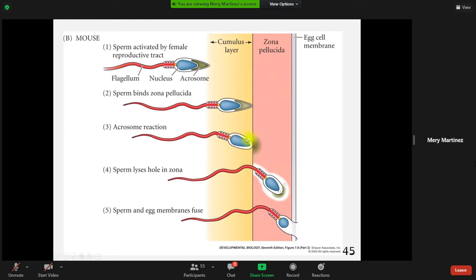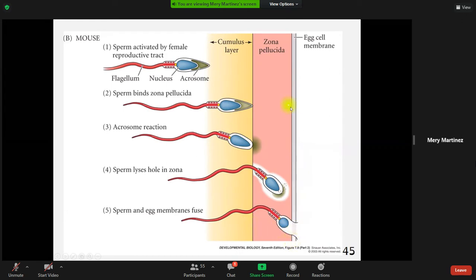That's where the acrosomal reaction will occur. Okay, so those enzymes, the proteases, etc., are going to degrade that zona pellucida, and then the fertilization cone will dig through by the activation of those proteases. Okay, so it opens the hole until it binds to the egg membrane here.